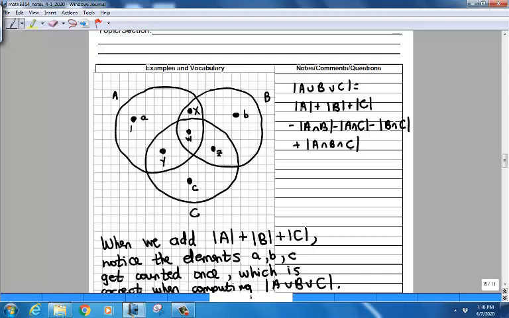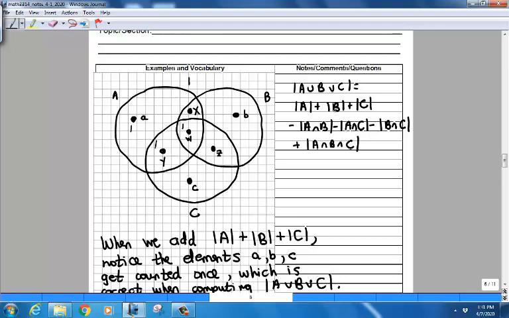Y gets counted one time because it's in A. W is in A, so it gets counted one time. And X is also in A, so it gets counted as well. I'm going to have a hard time squeezing in where to put that 1, but let's put it right here. So when we add in the cardinality of A, A gets counted once, Y gets counted once, W gets counted once, and X gets counted once, because all of those elements are in A.